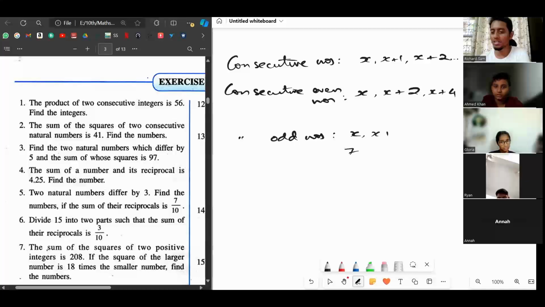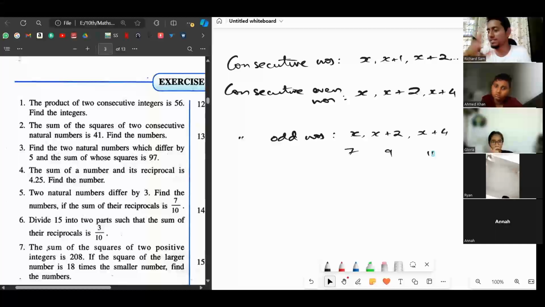So that is x plus 2, because 7 plus 2 is 9, right? The next one will be x plus 4, that is 7 plus 4, 11. You understand? So odd numbers and even numbers you are representing using the same variables: x, x plus 2, x plus 4, and so on. Okay, just write the chapter's name and write down this much first before doing the first question.